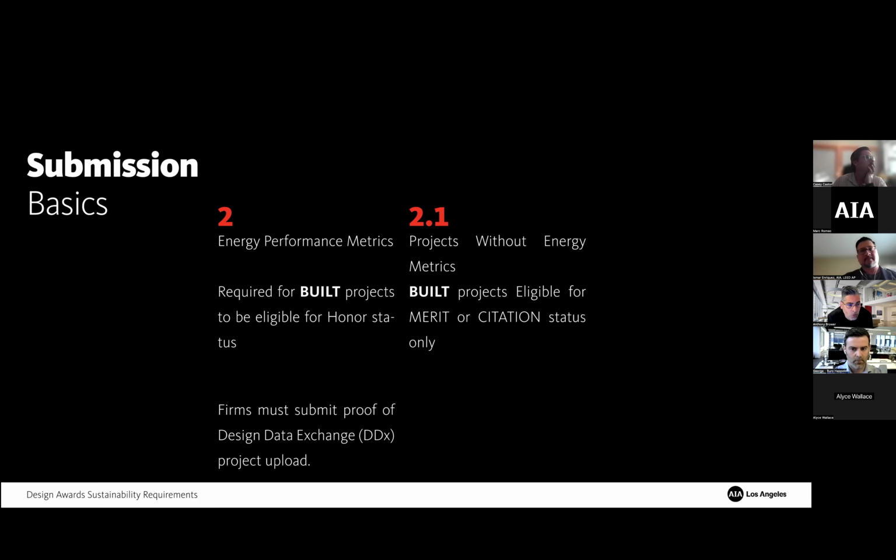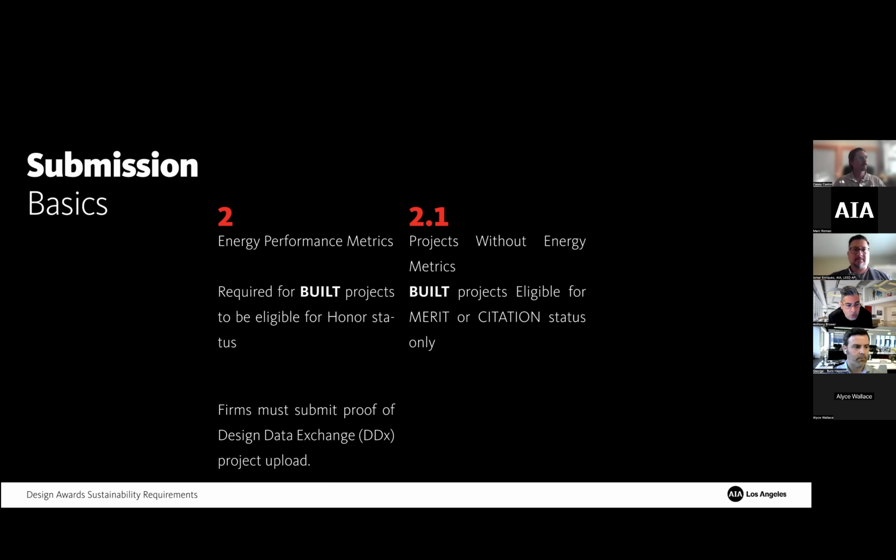Next thing we're looking for is energy performance metrics. It's going to be required for built projects to be eligible for honor status. If you don't have those energy performance metrics, you can still submit for an award. You will just be ineligible for honor. So there's still merit and citation that are available.